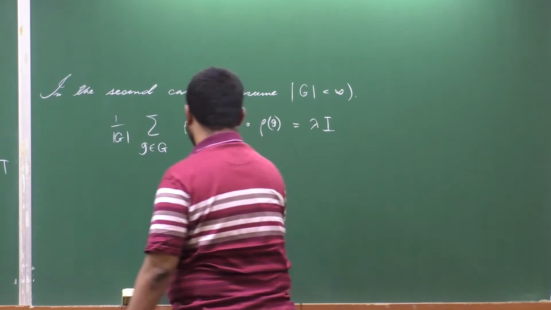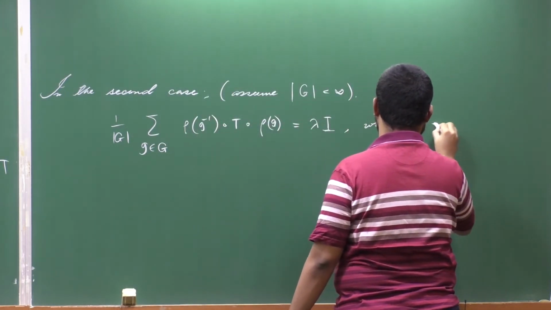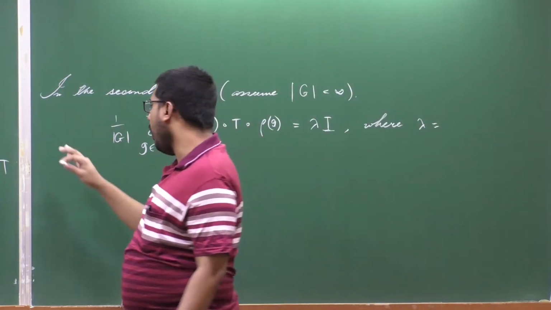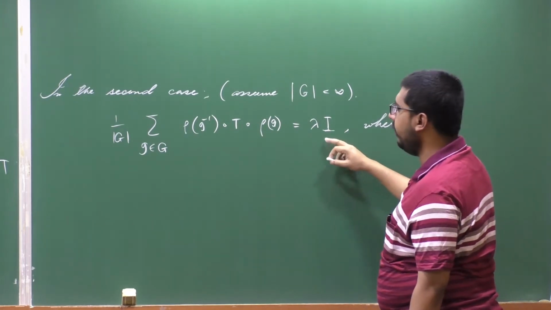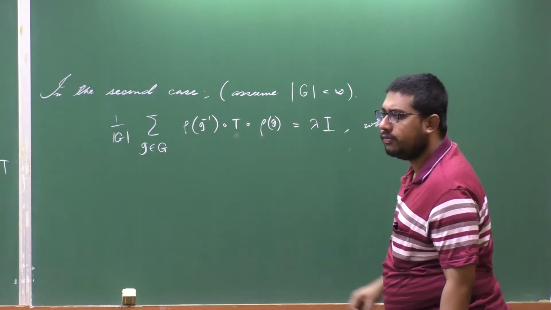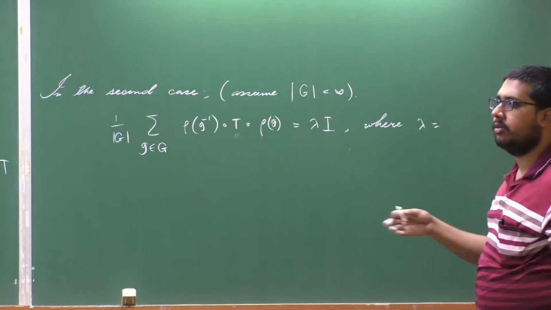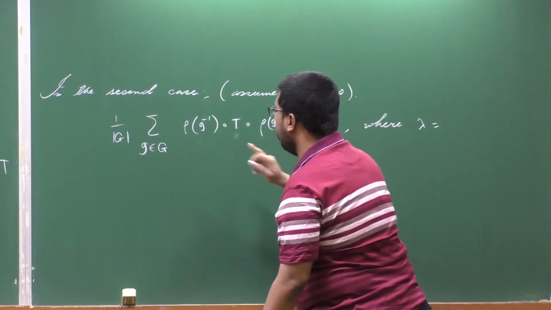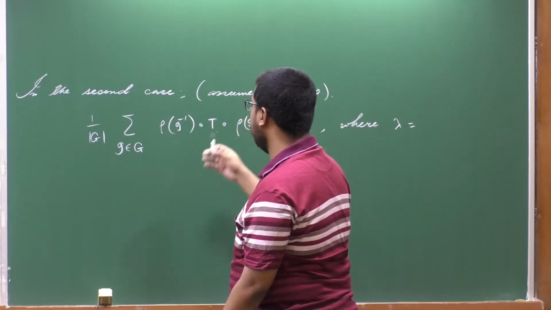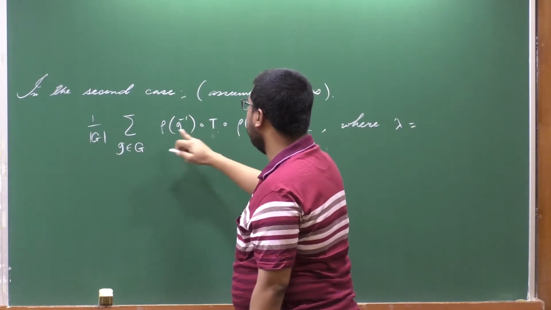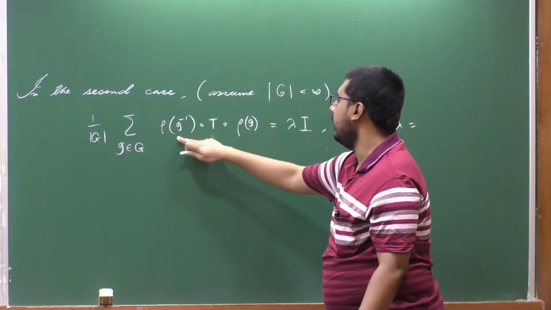and one can also compute lambda in terms of T. If you take the trace of both sides, you will see that lambda times the dimension of V becomes the trace of T, because they are basically being conjugated. So their trace will be the trace of T. If you fix an ordered basis B of V, the trace of T is the same as the trace of this operator, because these are inverse to each other.